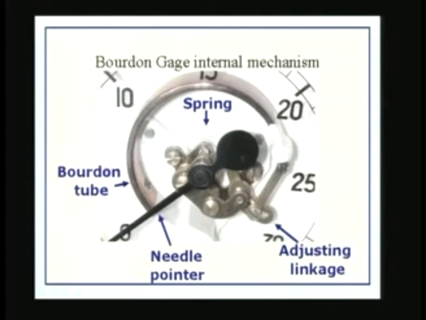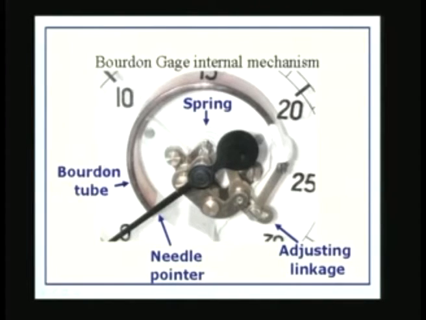If you have a pressure difference between the inside of the Bourdon tube and the outside, the tube tends to open up. When it tends to open up, it tends to move the pointer, and the spring force is going to oppose this. So, under equilibrium, the needle will take such a position that the torque on the needle pointer due to the force exerted by the Bourdon tube is exactly compensated by the spring.